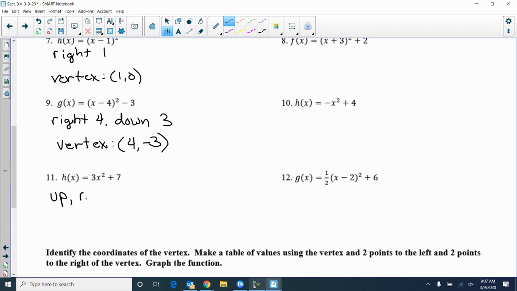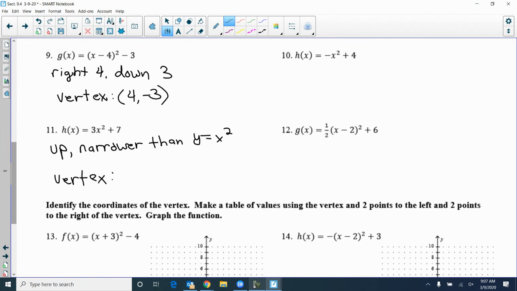So this is going to be narrower than y equals x squared. All right, what's its vertex, though? It's only been moved up 7. Zane, what do you think for the vertex? 0, 7. Good. 0, 7.